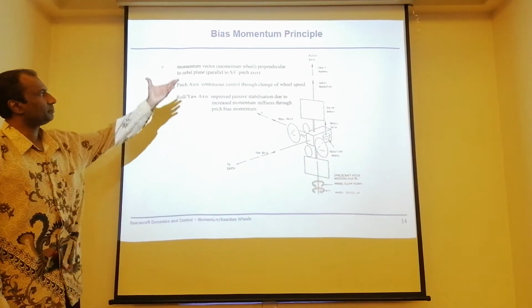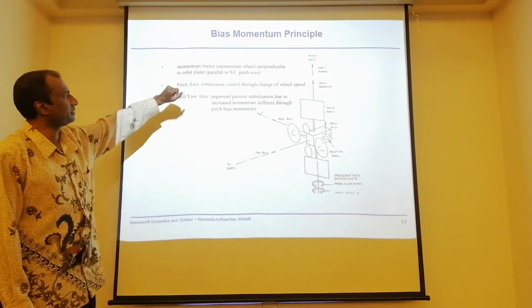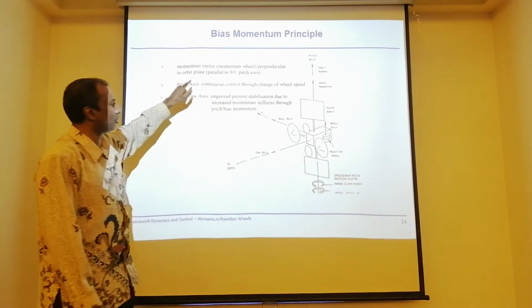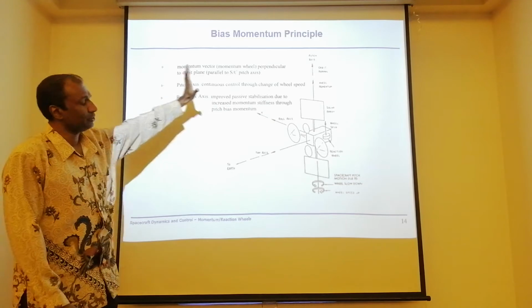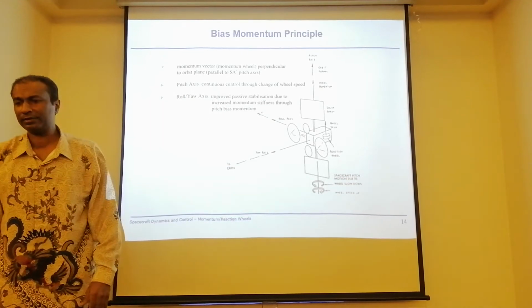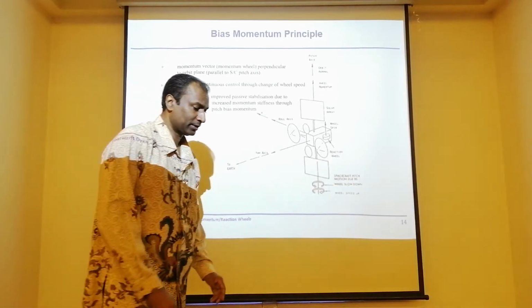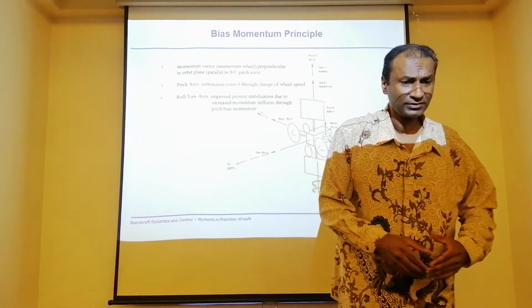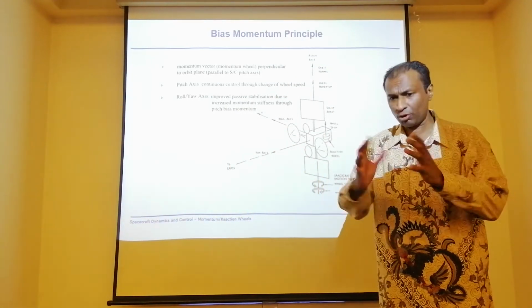Okay, now let's see the bias momentum principle. The momentum vector is perpendicular to the orbit plane. I am going to specifically pick the bias momentum satellite because it's quite typical for a small satellite.